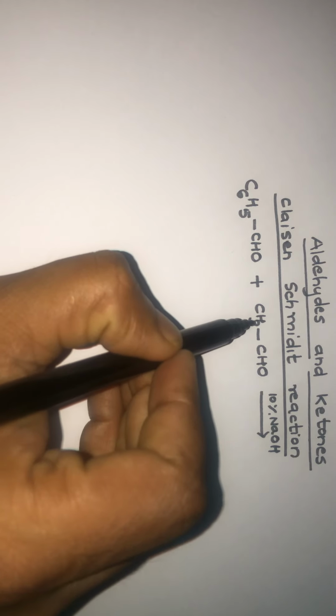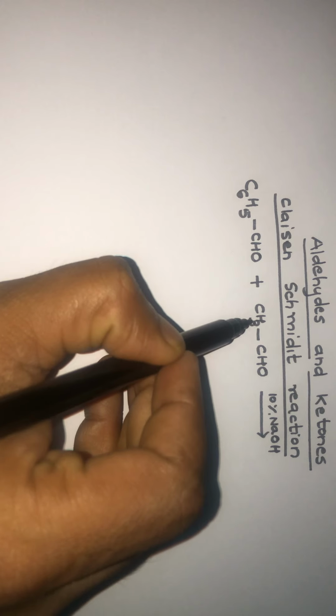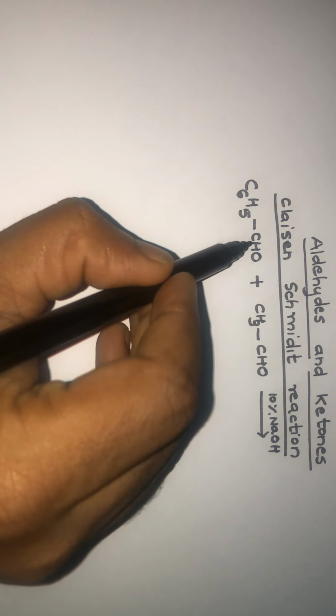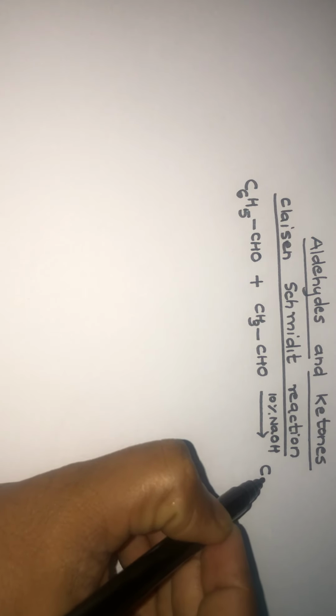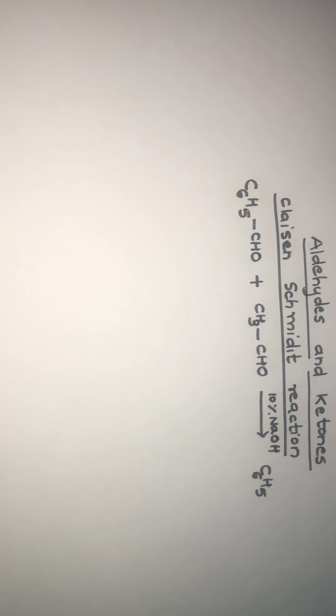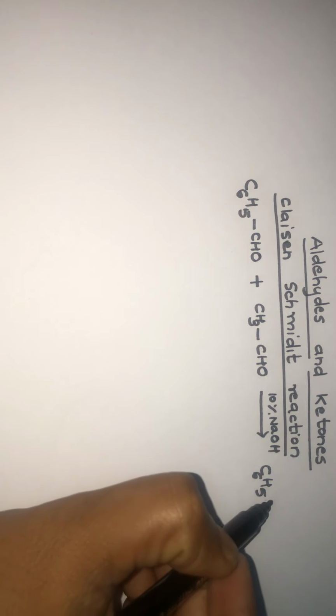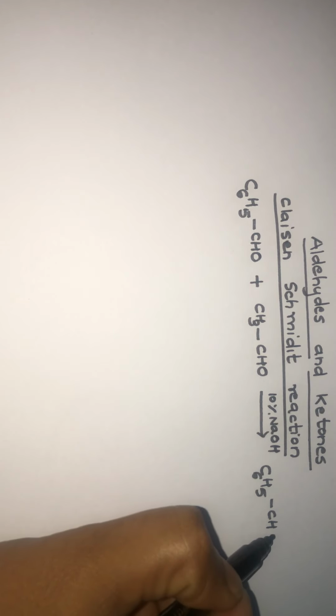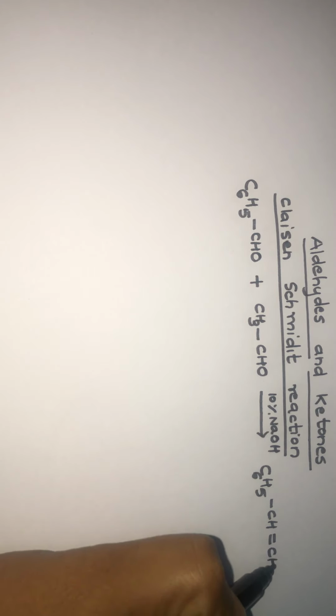That means NaOH abstracts a proton, the anion generated will attack this carbonyl carbon, resulting in the formation of C6H5CH=CHCHO.